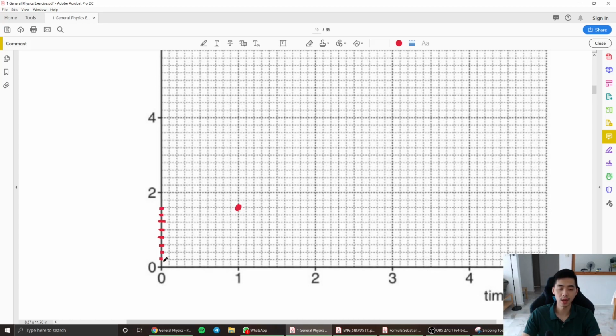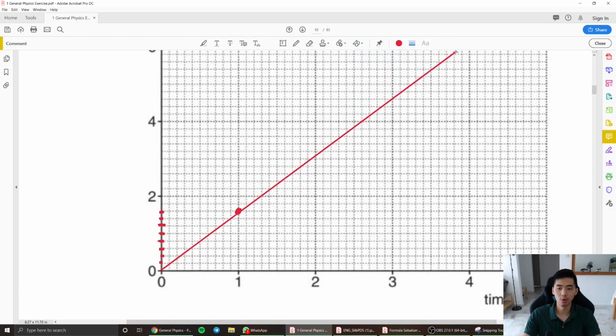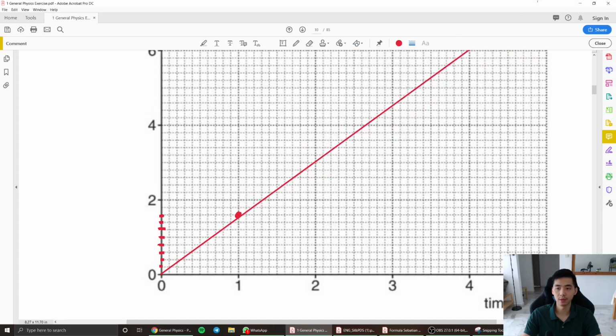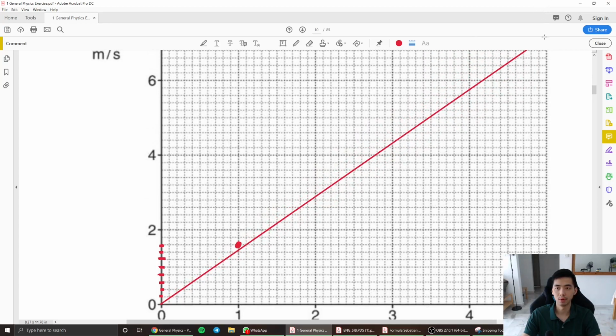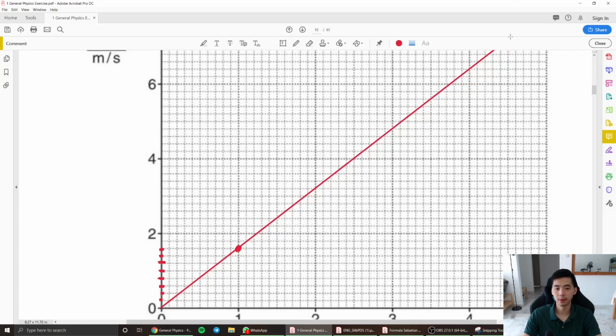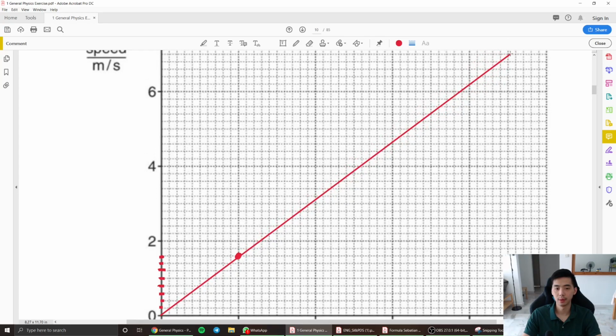You have this one line drawn all the way upwards until it is somewhere around 4.5, which is somewhere around here. 1, 2, 3, 4, 5. Here.